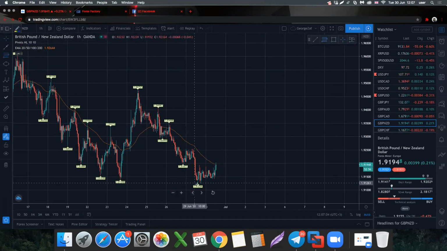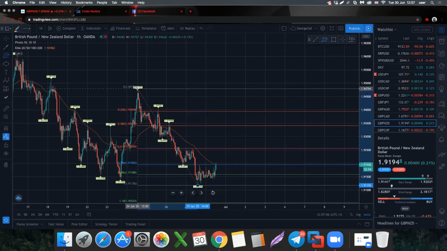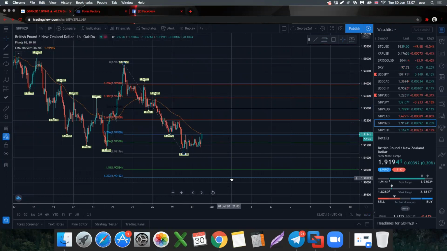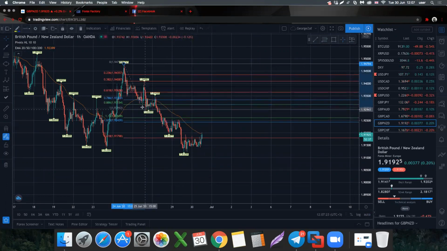GBP NZD, wow, look at this beauty. Lowest low, highest high. Pulls back on a blue, it will retrace back. It will go down to the blue extension level. Let's go back.